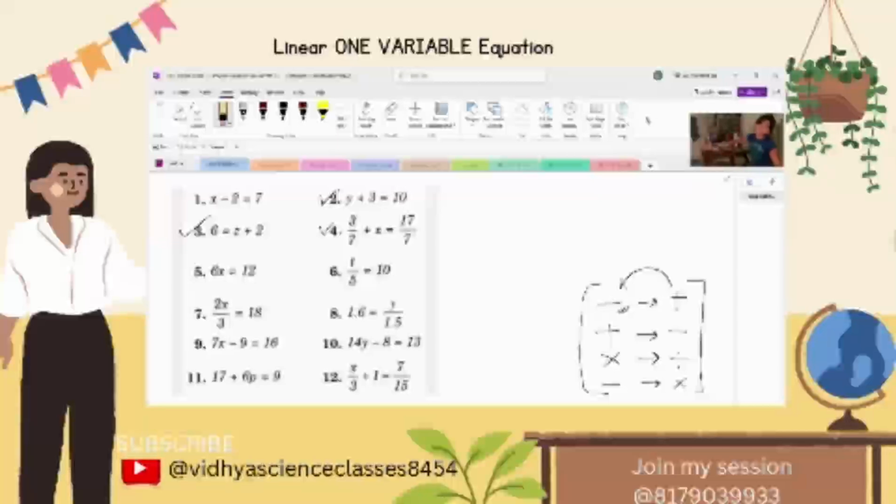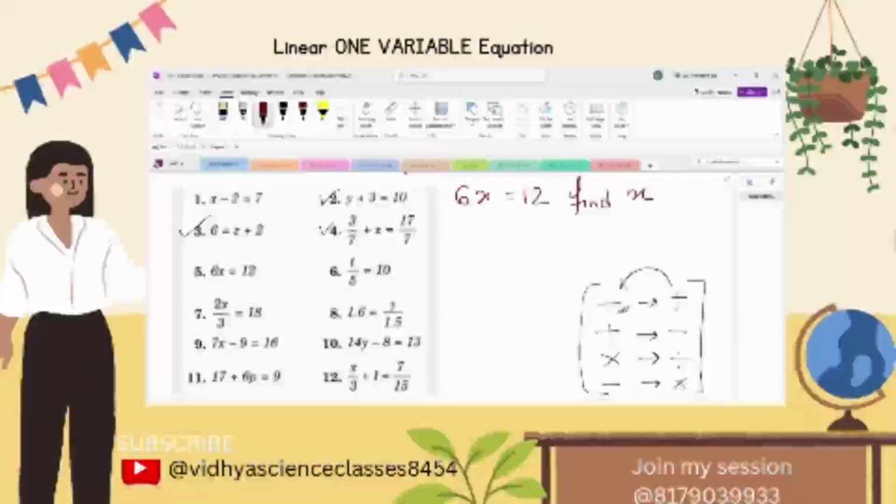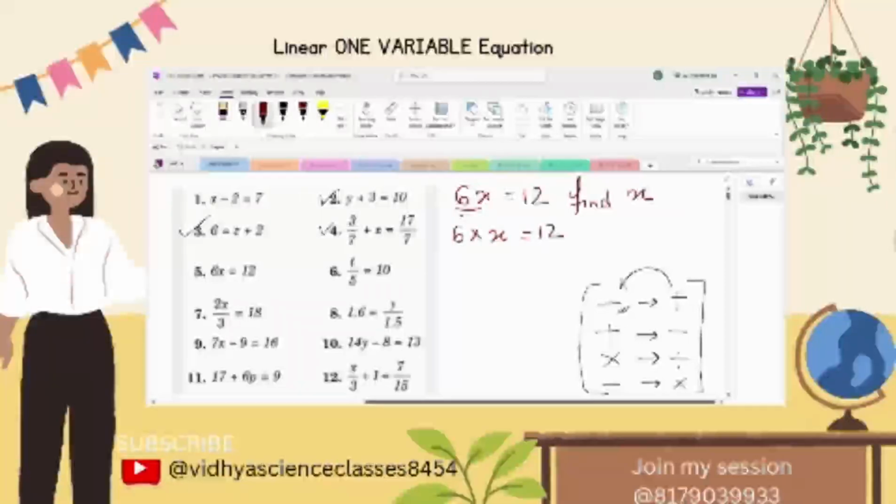Now see here. Keep this away. Question number 5. 6x is equal to 12. Find the value of x. What I said? 6x means 6 times x is equal to 12, right?